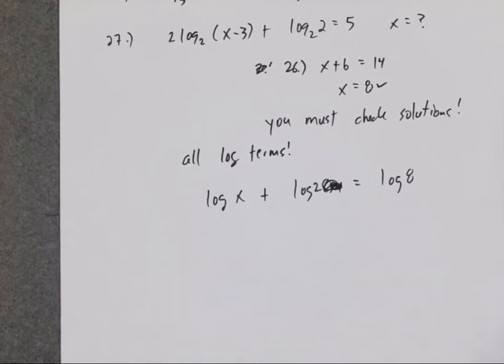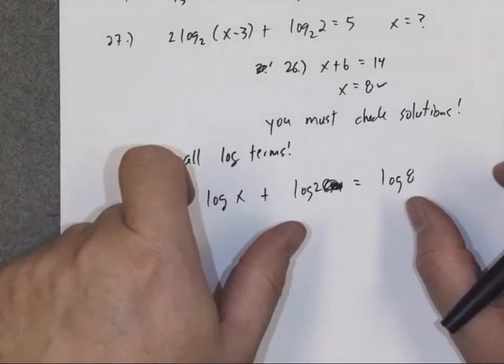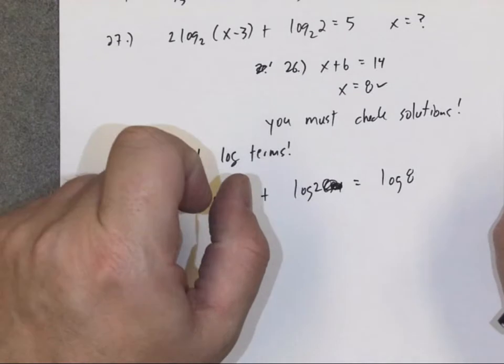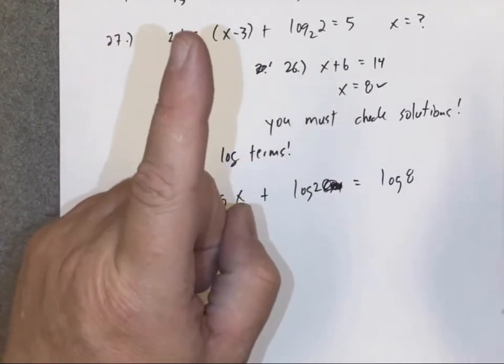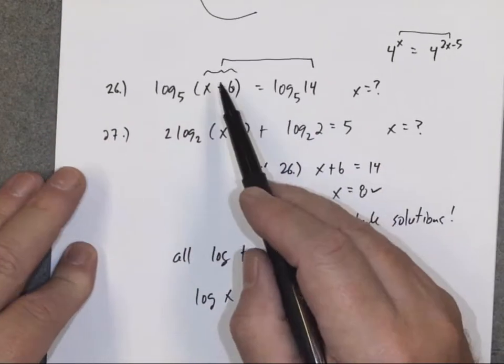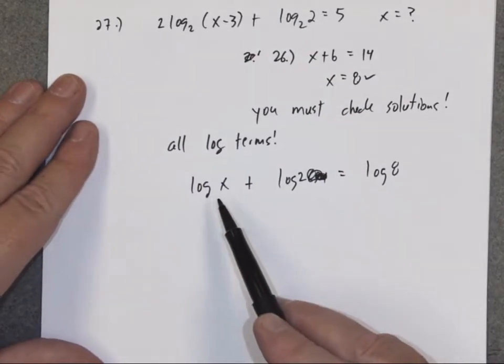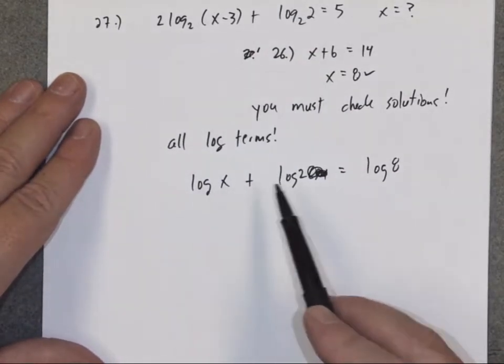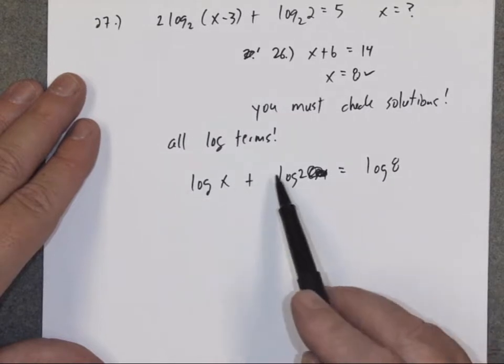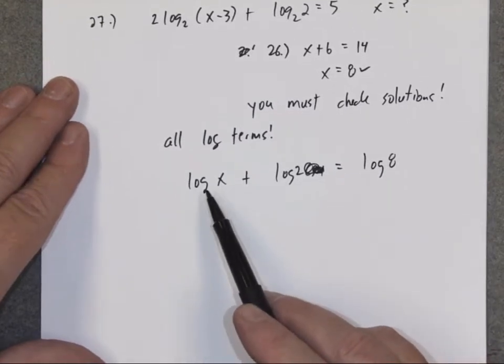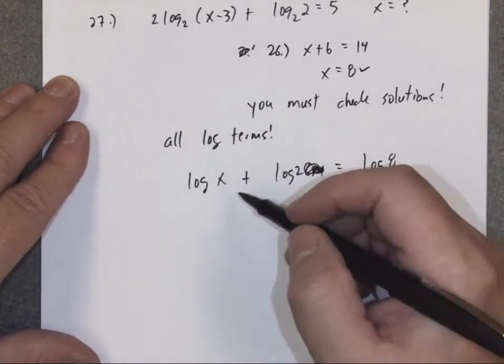Here I have 3 terms, but they're all log terms. If I have an equation with all log terms, what I'm going to do is go to each side, combine each side so I have one log term on each side, and then I can set the insides equal. So here, let's go ahead and combine these 2 log terms into one term. All right, I have the same base, no coefficients.